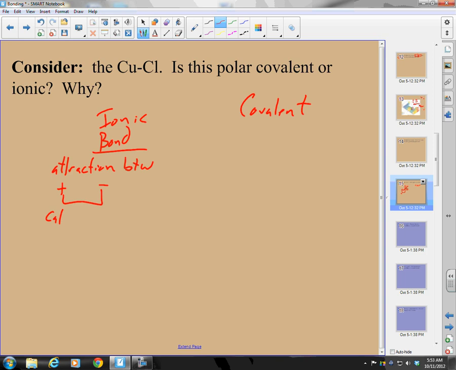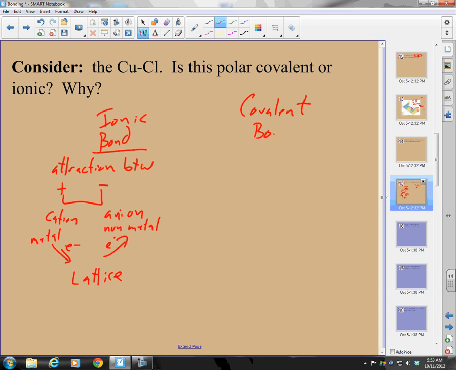And this cation is usually a metal which has lost an electron, and the anion is a nonmetal which has usually gained at least one electron, and these then end up forming a lattice, right? So that's the general idea of an ionic bond.